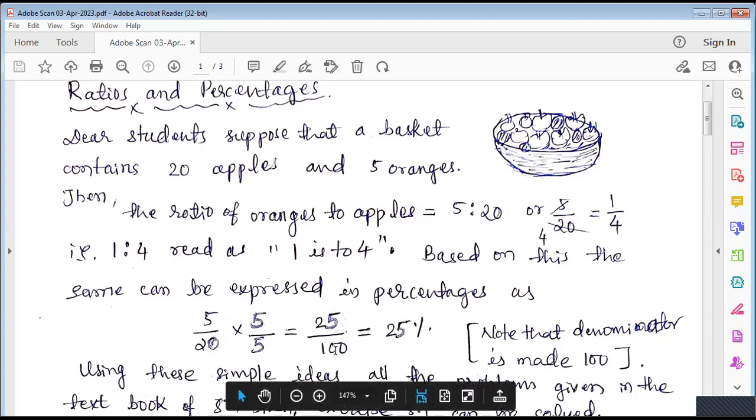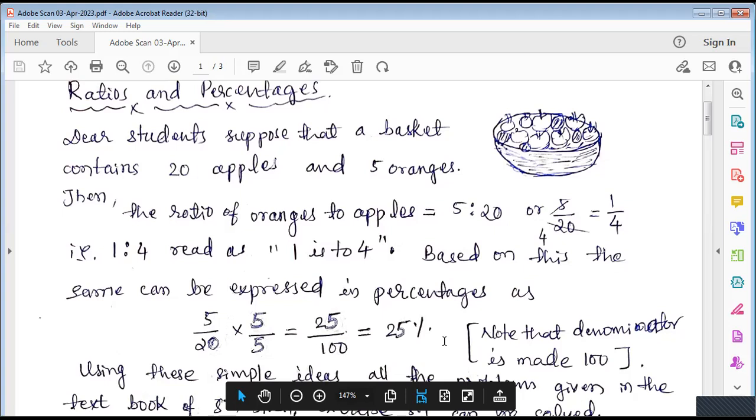That means the denominator is made 100 by multiplying a suitable number. On the numerator side, 5 into 5 is 25. So 25 by 100 is nothing but 25%.